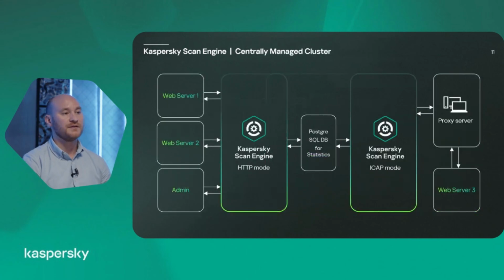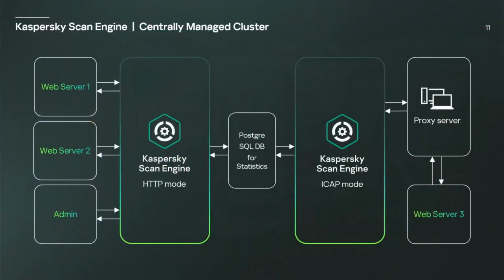Also, several Scan Engine instances can be brought together in a cluster, even if they are working in different modes. This allows a product operator to use a single web console for product configuration.